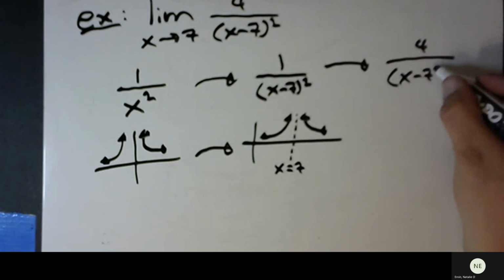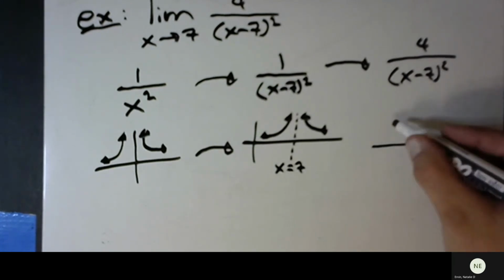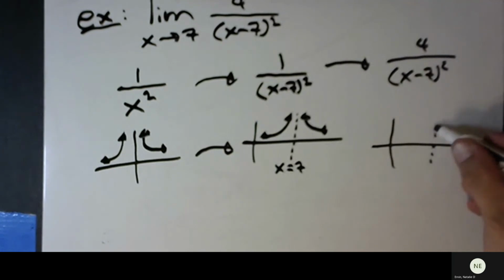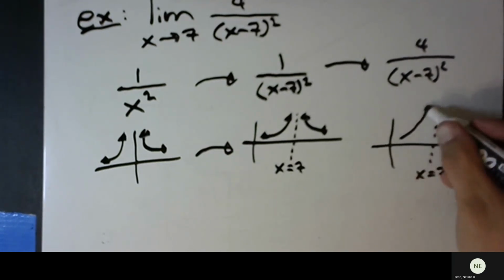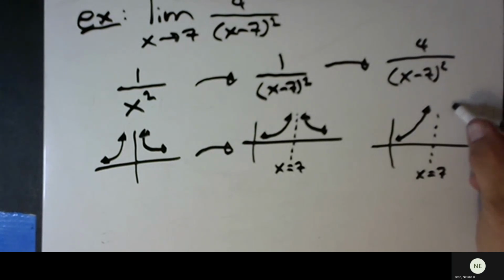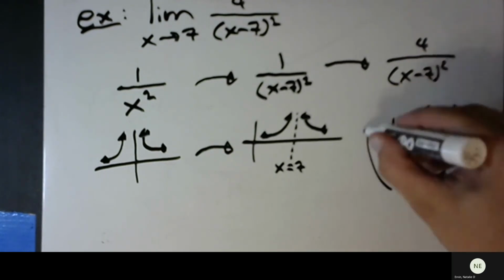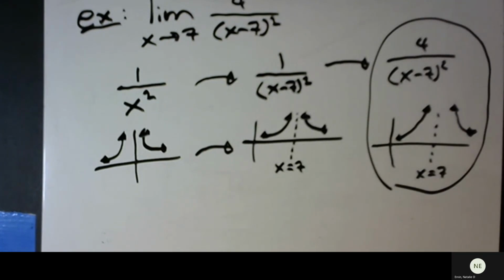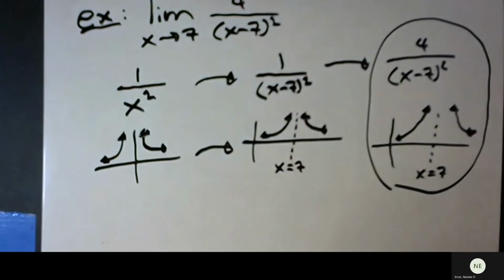For our purposes, for taking a limit, it's not going to have any significant effect, but it will stretch it vertically. So now that we know what this looks like, let's take a look at this limit. Now, they're asking for a double-sided limit.